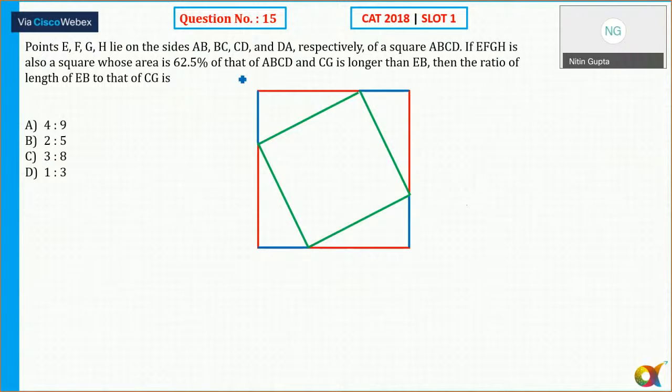That is important here. So let's say this is point A, this is point B, this is point C, this is point D. And then E, F, G, and H.